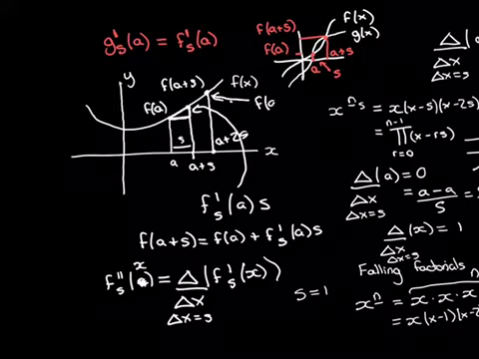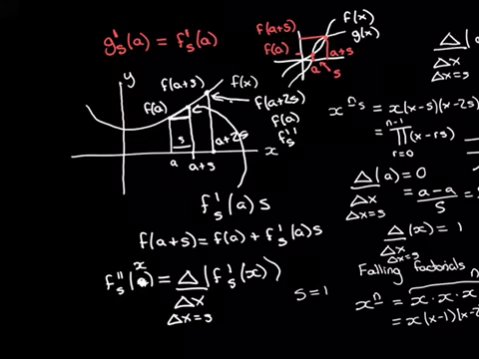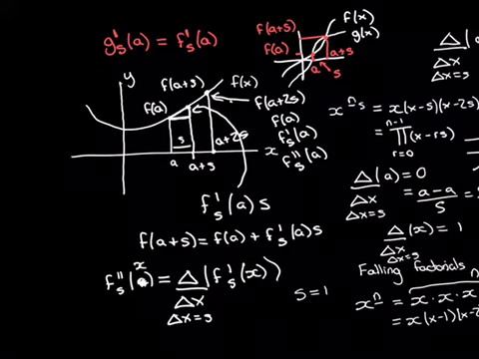My claim is we can work this out if we know what the value of the function is at A, we know what the value of the first derivative is at A, and we know what the value of the second derivative is at A. If you know all of this, you can then work out what the value of the function must be here. And the reason is, with this and this, you could work out what it was going to be at A plus s.